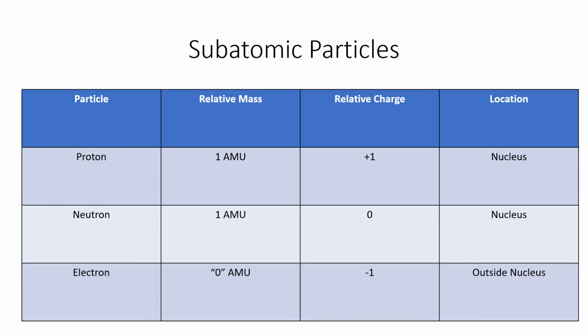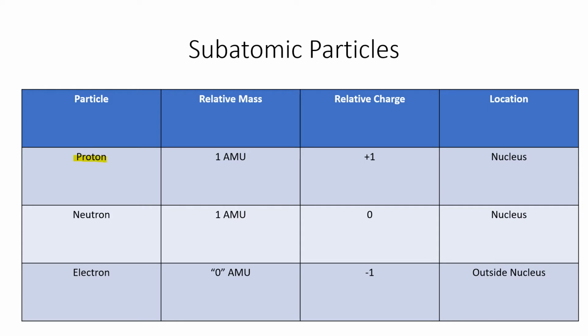So this table looks at some of the subatomic particles, those much smaller than an atom pieces that go into making an individual atom. This chart gives us an ability to compare and contrast the different parts of the atom. There's three different particles that go into making up an atom.